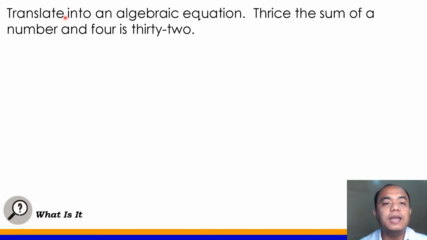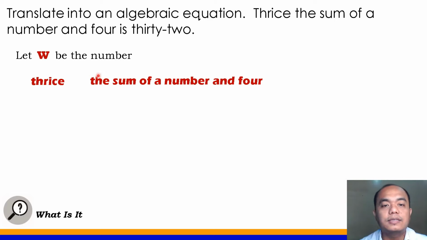Next, translate into algebraic equation: thrice the sum of a number and 4 is 32. Gagamitin natin ang W to represent the number. Thrice here, and then the sum of a number and 4. Ito yan. And then is 32.